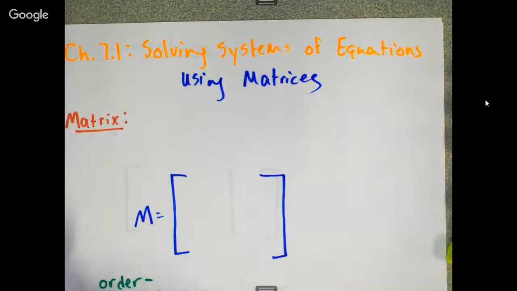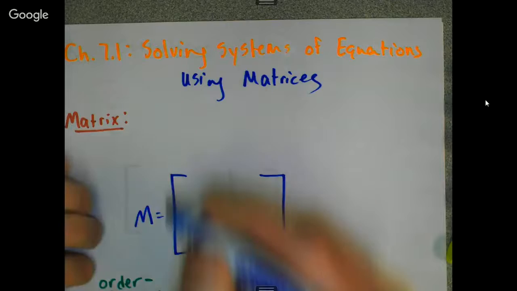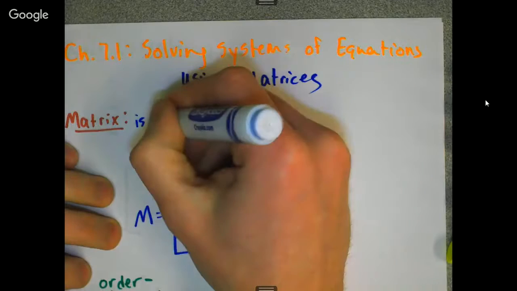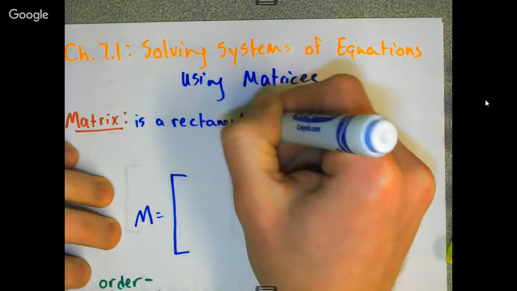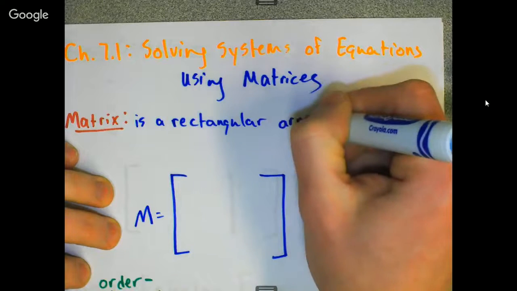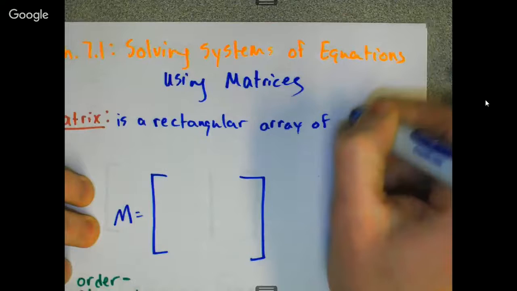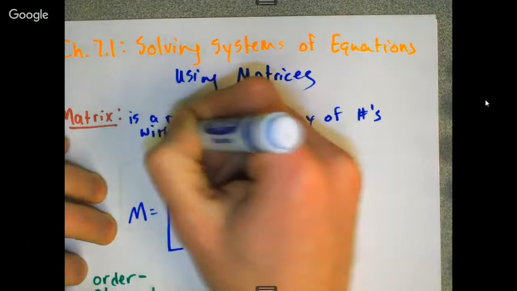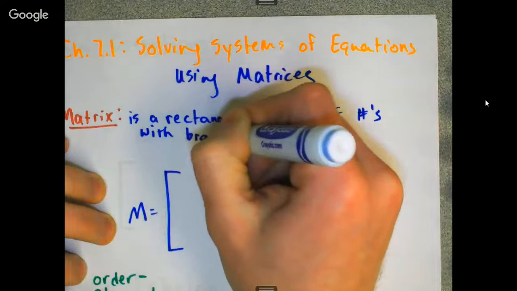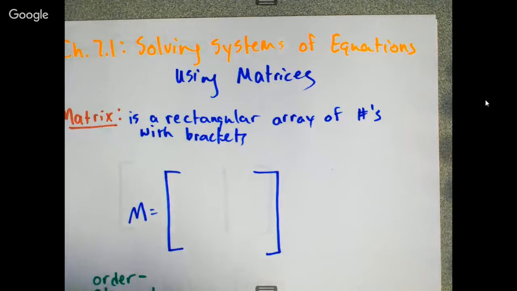Okay, now what is a matrix? A matrix is a rectangular array of numbers with brackets. Okay, so it's just an arrangement of numbers.